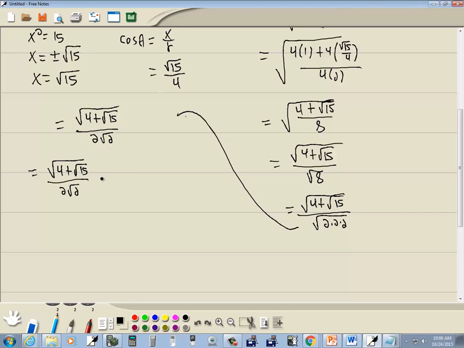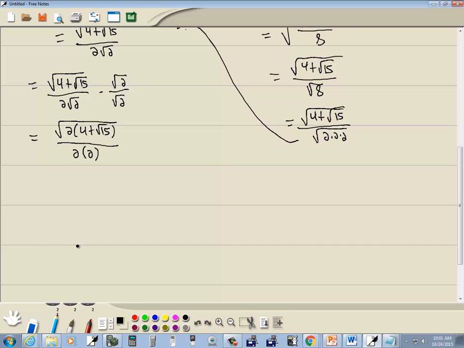So we're going to multiply top and bottom by the square root of 2. So up on top, that gives us the square root of 2 times (4 plus square root of 15), because when you're multiplying two radicals together, you multiply what's underneath the radicals. Put them underneath a single radical, in this case, square roots. On the bottom, we got 2 here, and then square root of 2 times square root of 2 gives us 2.